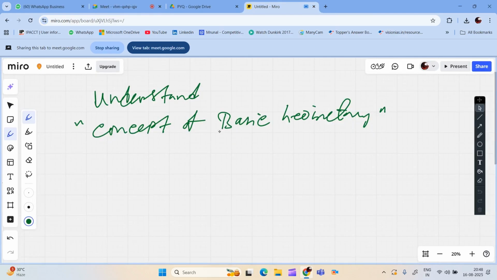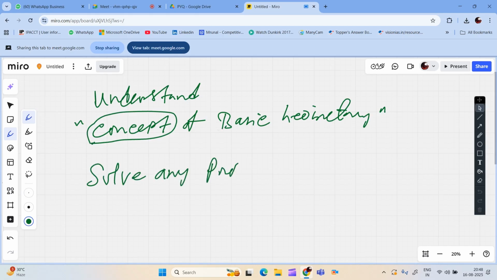I mean the core concept, because in the question paper they will not ask you to solve any problem. In other examinations, the question paper has basic maths that we need to solve.